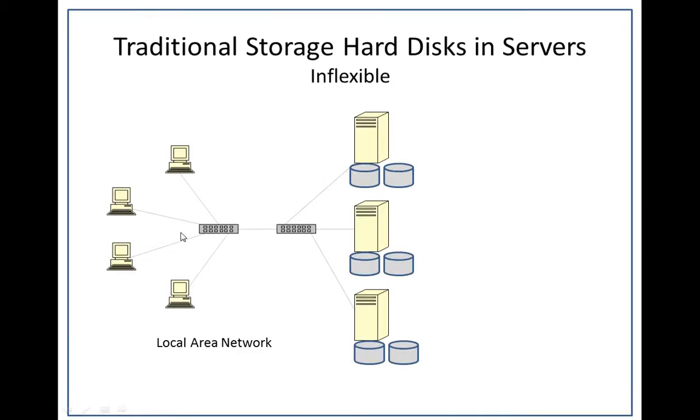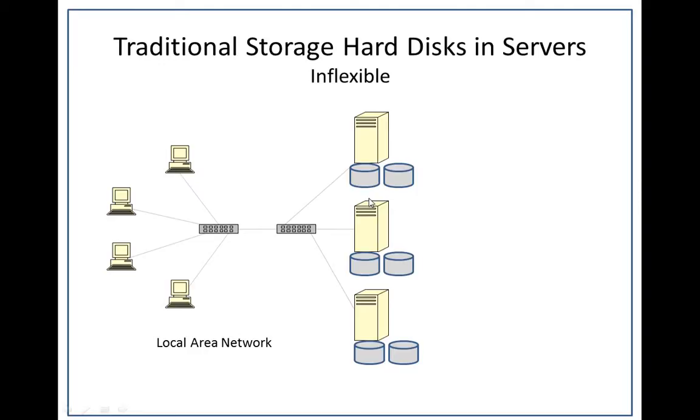The users connected to the switches, which connected to the servers, and each server might have 2 disks. If I wanted 3 disks to be in the first server, well, I guess I could turn them all off and pull the disk out of the first server and move it to the next. That would be a lot of trouble. Or maybe I only wanted half of a disk in the first server, and I couldn't do that at all. And they can't access each other's hard disks easily either.